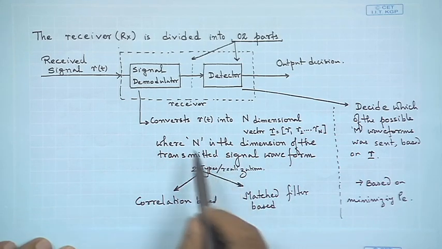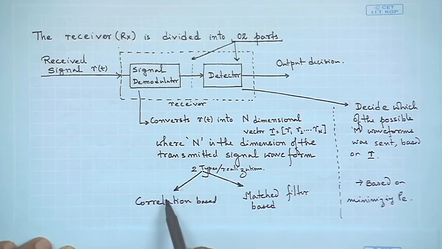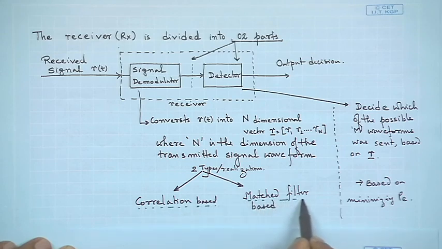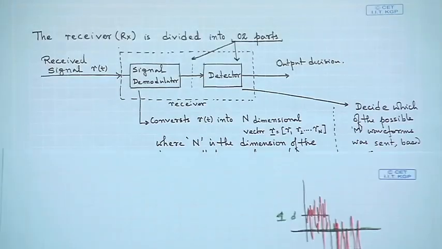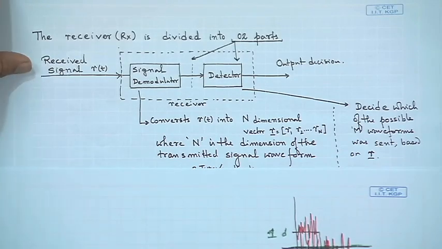In this case, the demodulation again has two possible realizations. One is known as the correlation based realization, the other is known as the matched filter based realization. Before we discuss further, I would like to mention the dimension of the signal that we have just described.